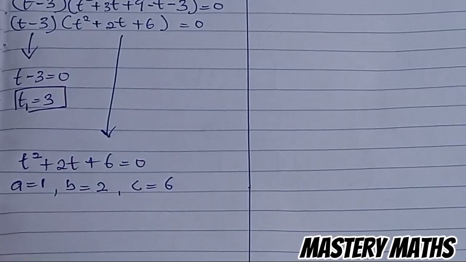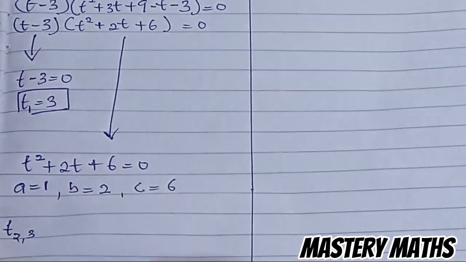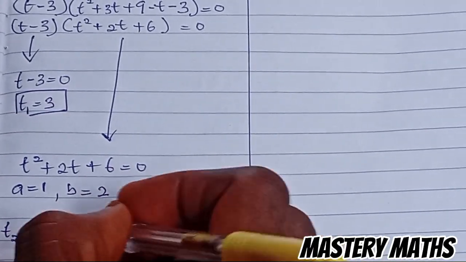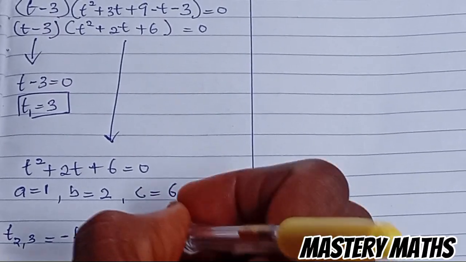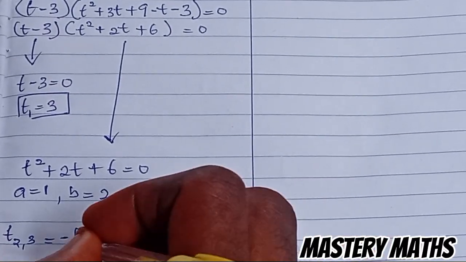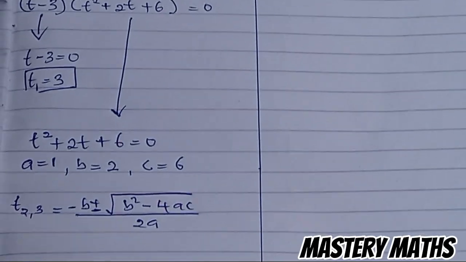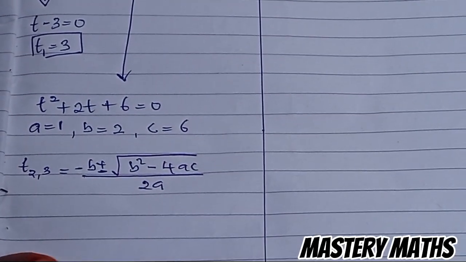Now using the formula method, t2,3 is equal to minus b plus or minus the root of b squared minus 4ac, all over 2a. Now using the formula method to tackle the given expression you have.